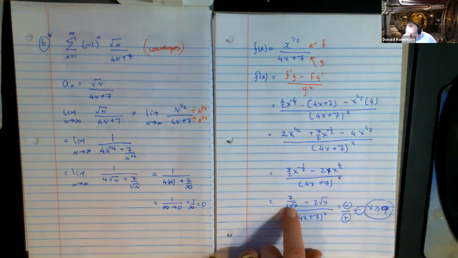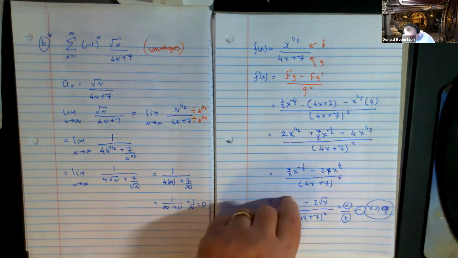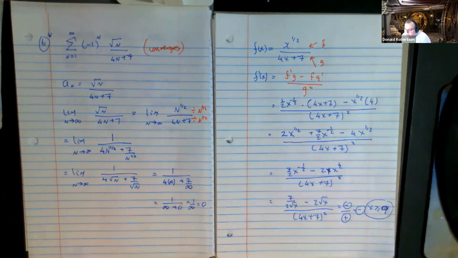And the reason for it is that 7 over 2 root x gets quite small, doesn't it? Can you imagine with big x's, that's quite a small number. But won't 2 root x be much bigger than that? And a small number take away a big number is going to be negative. So just thinking it through in my brain, that's what we got.